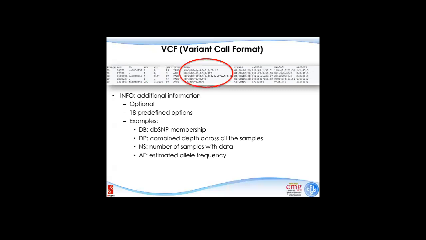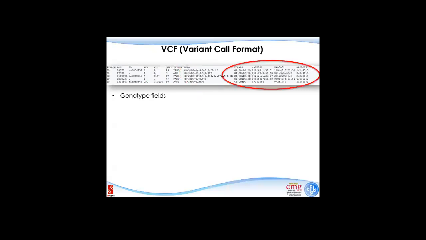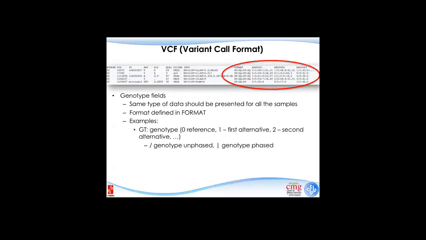So if you see this part, you've got a predefined field for what these individual numbers mean, and they have different formats, like GT. The first one is GT, that stands for genotype. So you can see here the first one is 0-0.